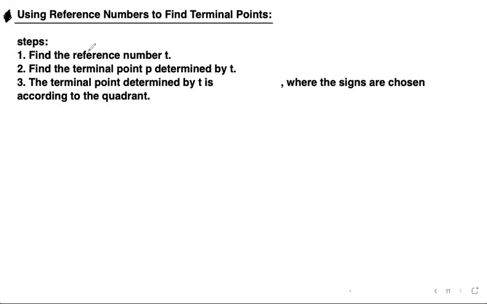Steps. Find the reference number t bar. This is the first step. Then find the terminal point Q determined by t bar. Let me fix it. So this is the Q determined by t bar.